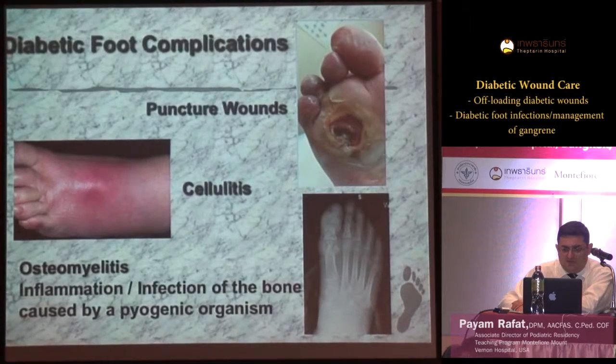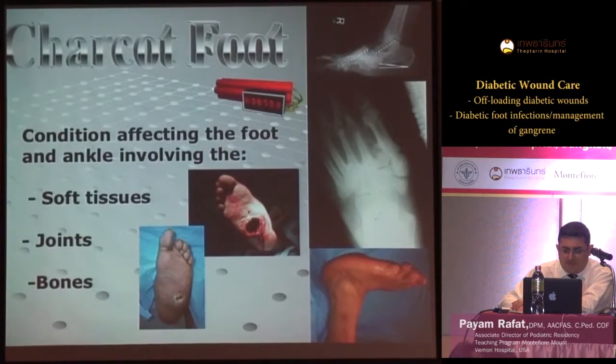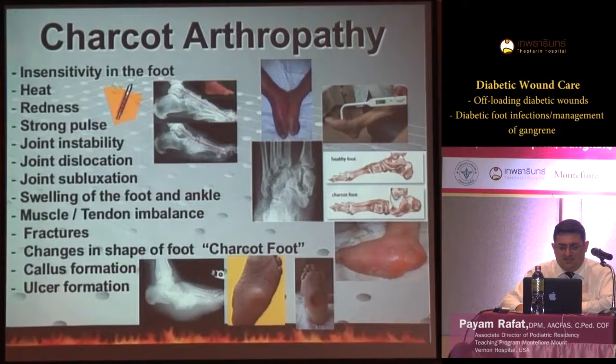Some diabetic foot complications can include cellulitis, puncture wounds, osteomyelitis. Charcot foot deformity is a condition affecting the foot and ankle involving soft tissue, joints, the bones. Typically, you get that breakdown in the midfoot area, leading to calluses and a potential ulceration.